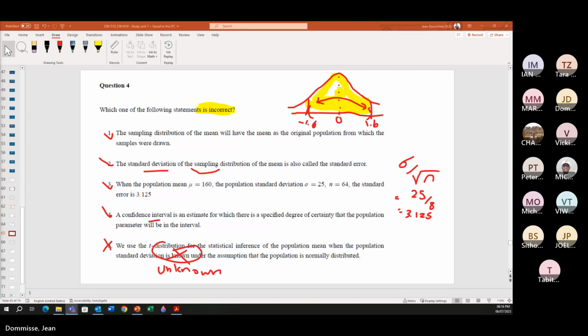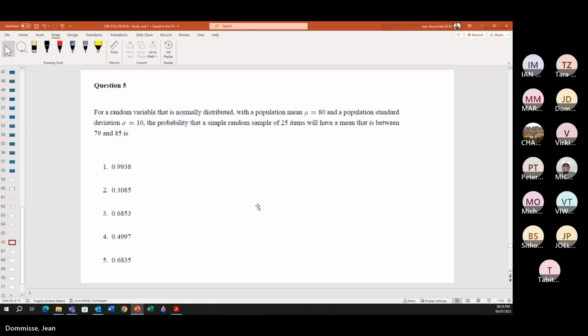So the next one, another question around this. Again, they tell us it's normally distributed. They give us a population mean and population standard deviation.